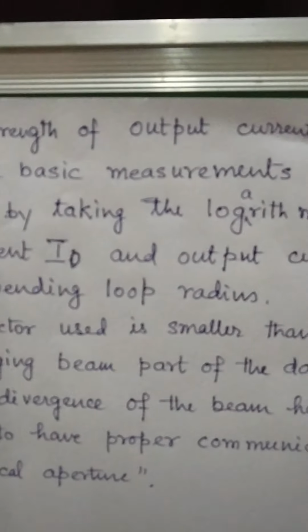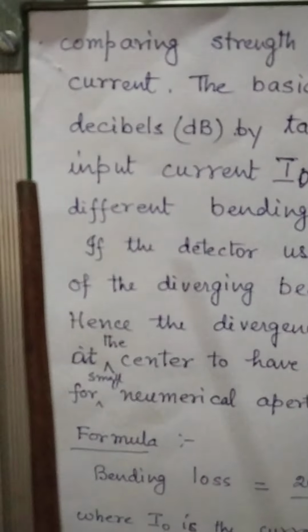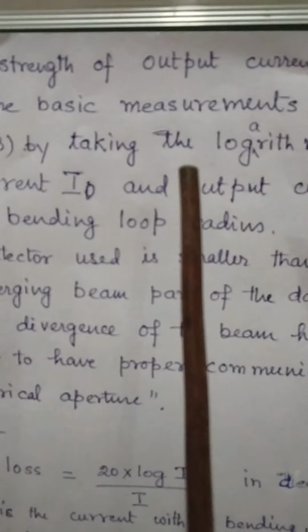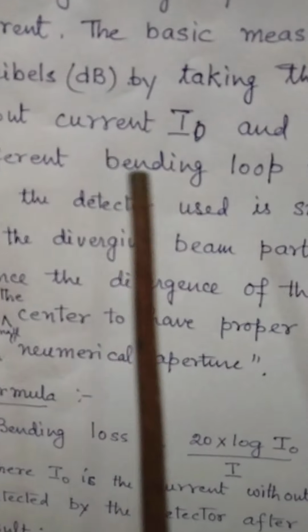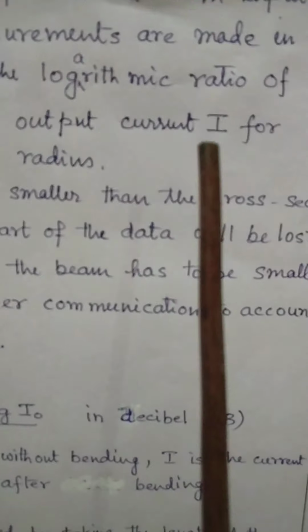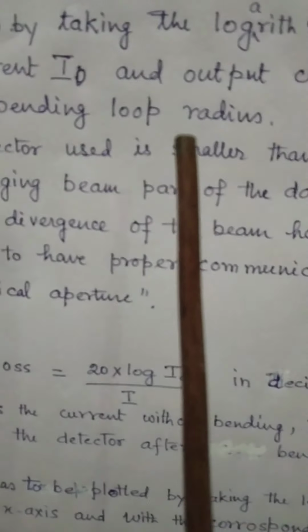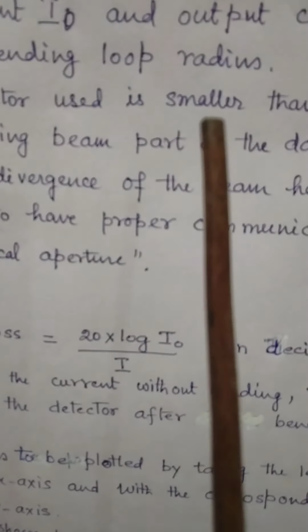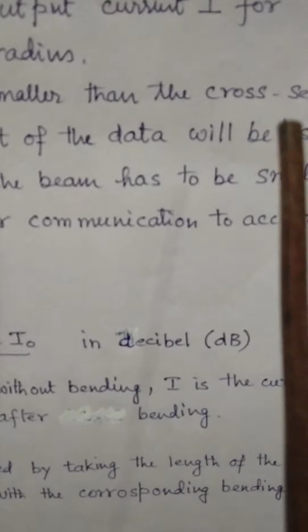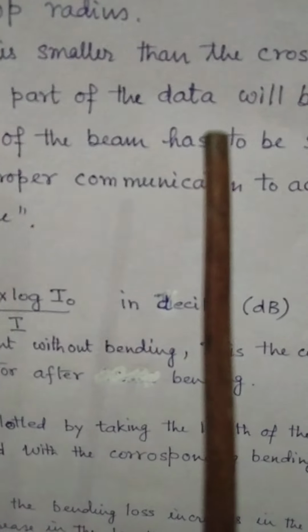The basic measurements are made in decibels by taking the logarithmic ratio of input current I0 and the output current I for the different bending loop radius. Now, if the detector used is smaller than the cross section of the diverging beam, part of the data will be lost.